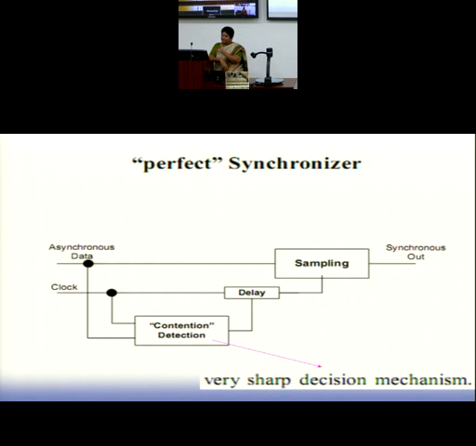Rather, I would look at my data and I will have extra circuitry which will help it in getting stable. Now I have to help it. The moment I realize that this is unstable, this is metastable, I have to help my data get stabilized. I will not allow it to get latched into the system.